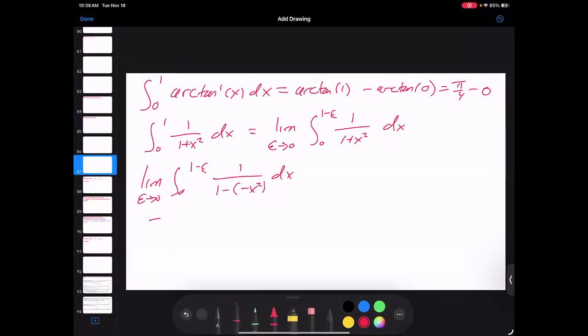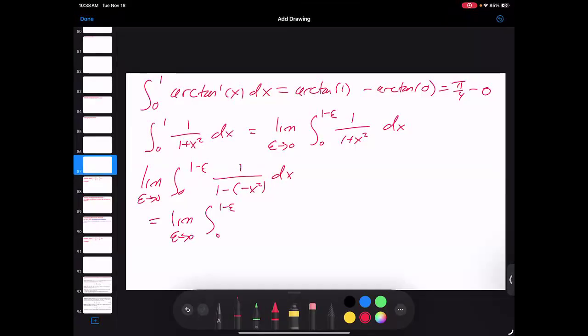So this would be the limit as epsilon goes to 0 of the integral from 0 to 1 minus epsilon of 1 minus x squared plus x to the 4th minus x to the 6th plus x to the 8th dot dot dot dx. This is the geometric series.